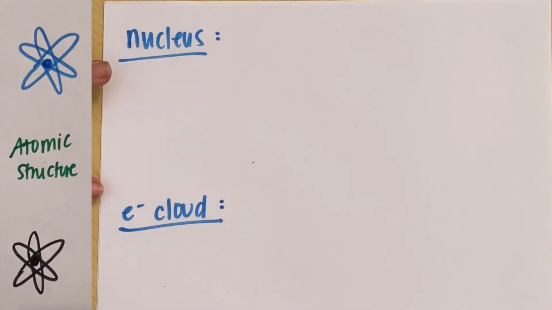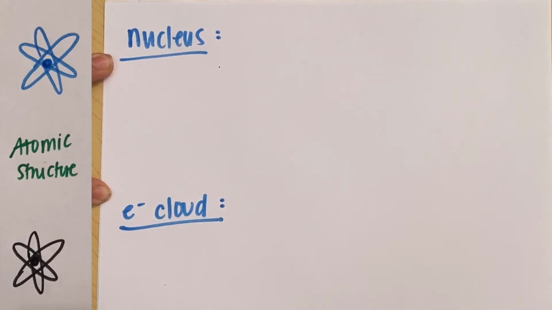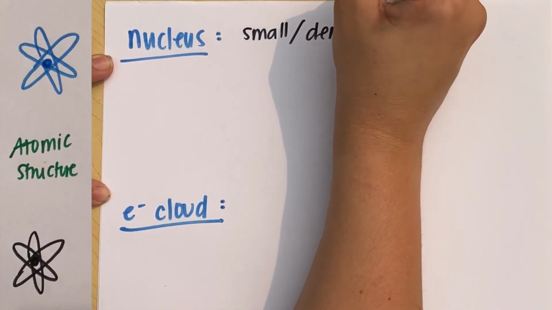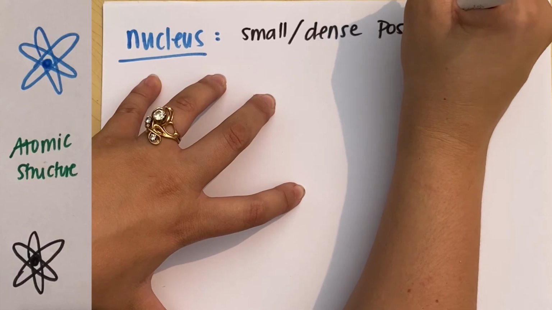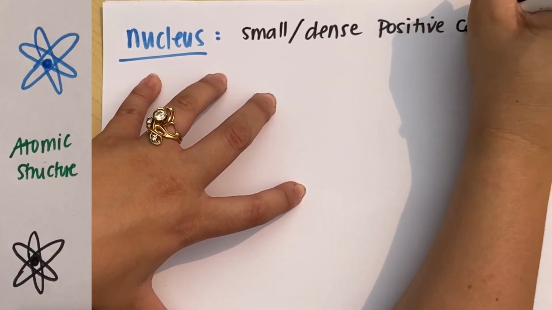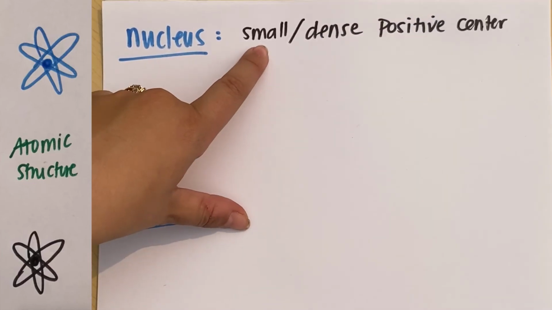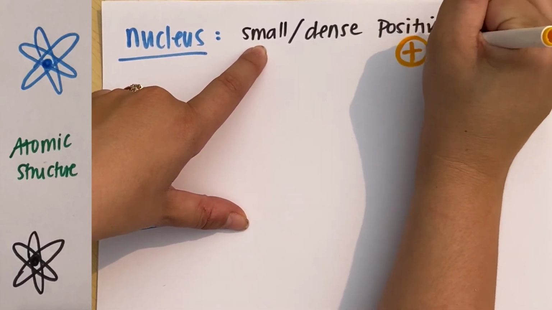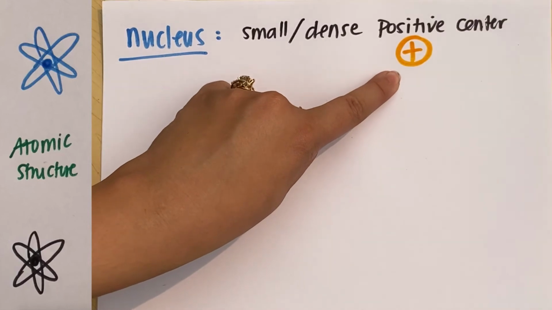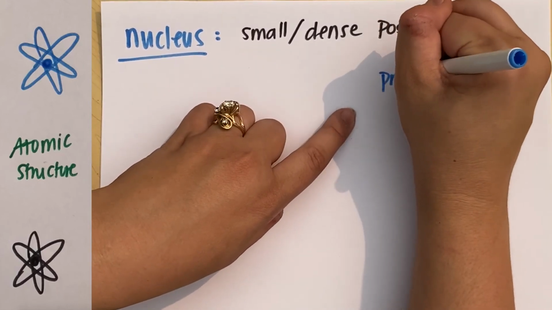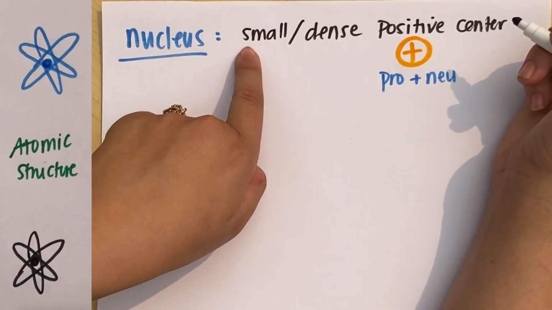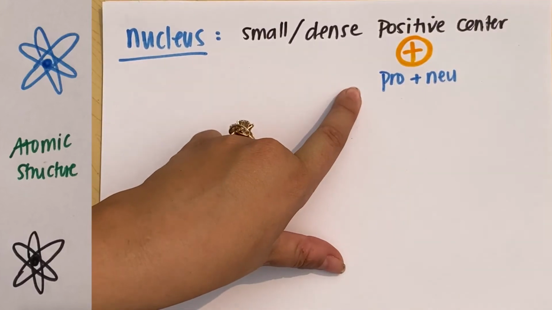And then just to go over further, the nucleus and the electron cloud. The nucleus is going to be a very small, dense, positive center. So it's small and dense, and it is positively charged. The reason it's positively charged is because it has protons and neutrons inside the nucleus.